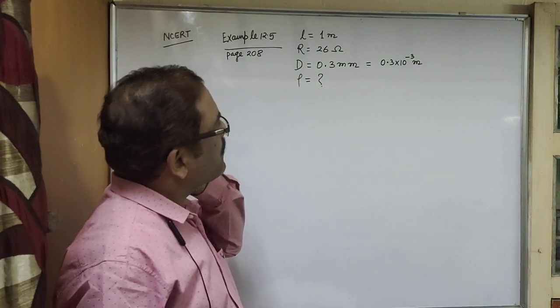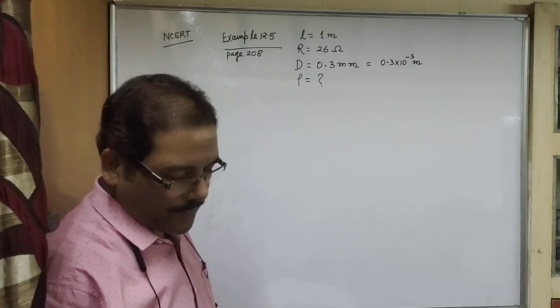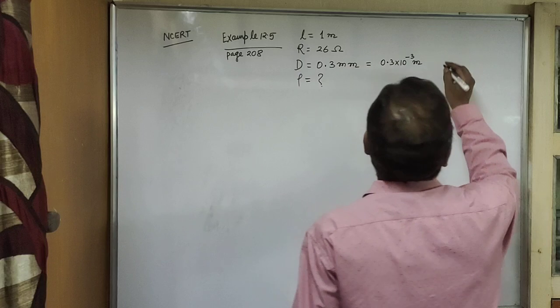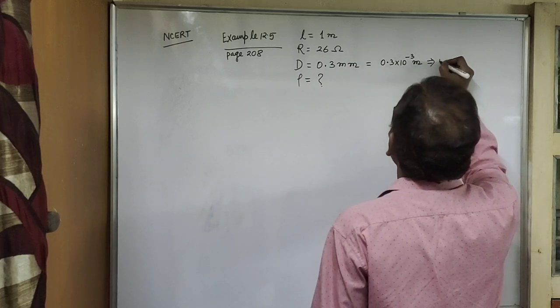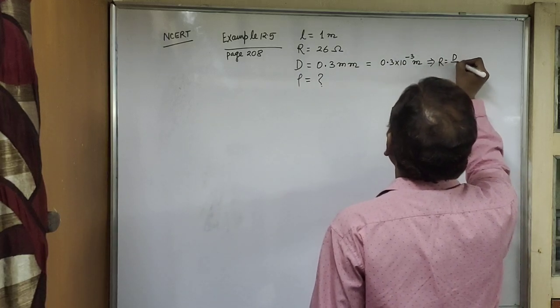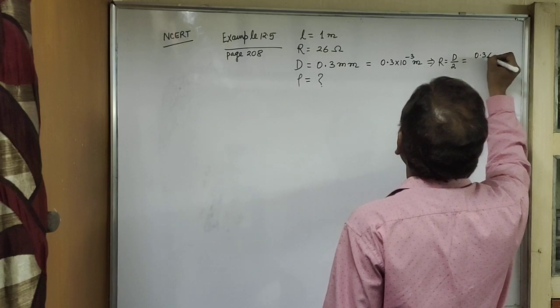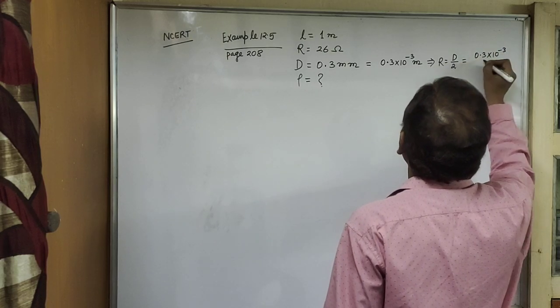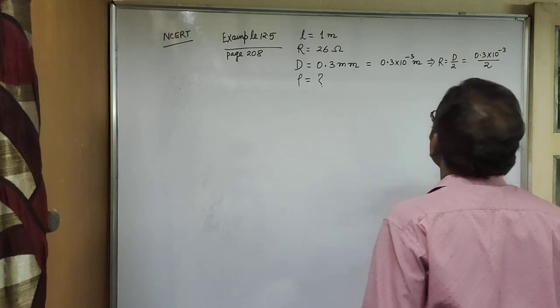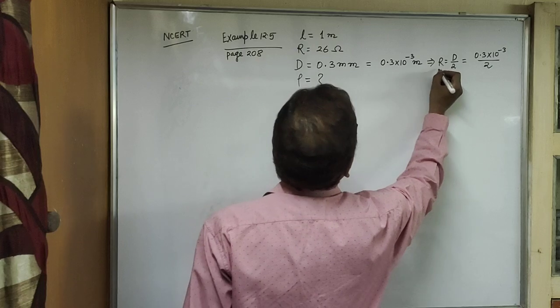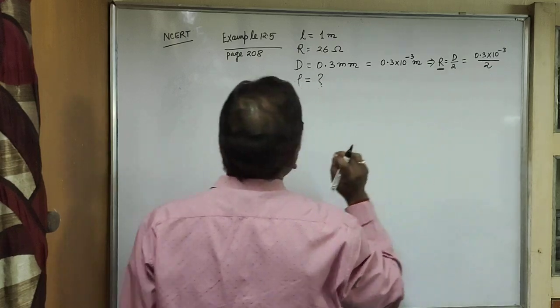Now radius will be half of diameter. So this implies r is equal to d by 2. So it will be 0.3 into 10 to the power minus 3 by 2. This is radius. Radius is this much.